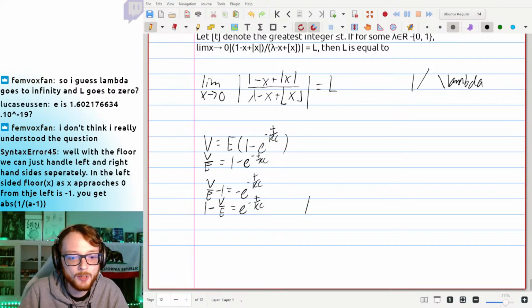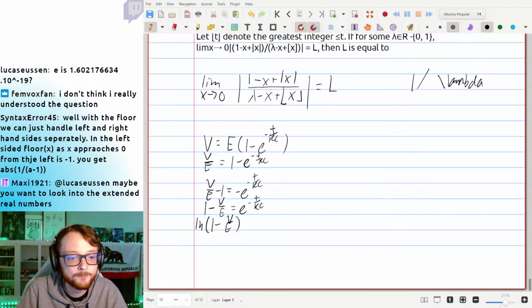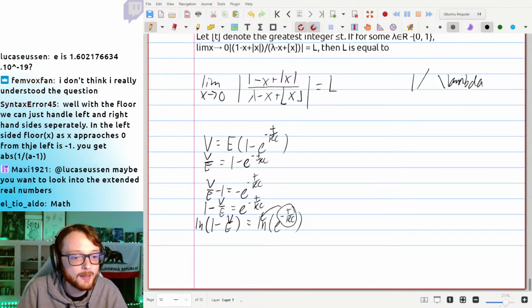A log with base E is the same thing as ln. Ln of E is 1. So I'm going to take the ln of each side, and we can use log rules to bring this exponent down in front. And then we have just ln of E is 1.